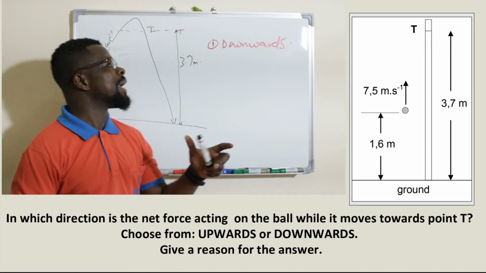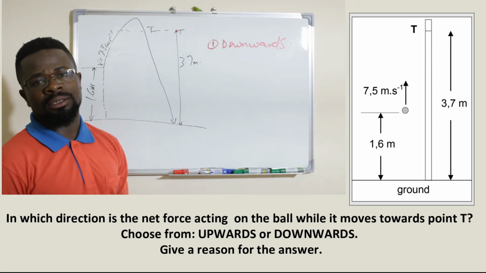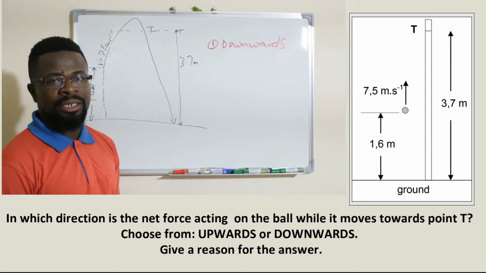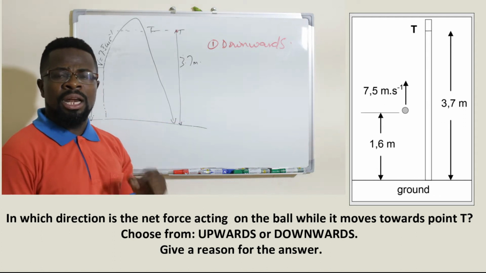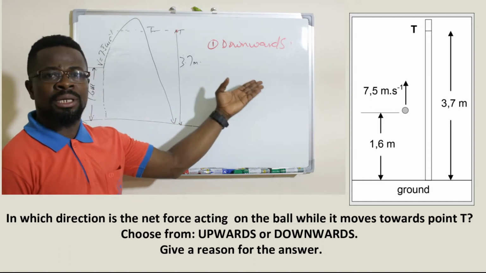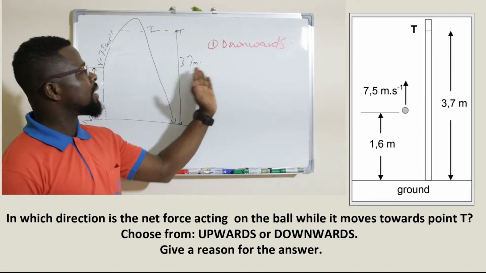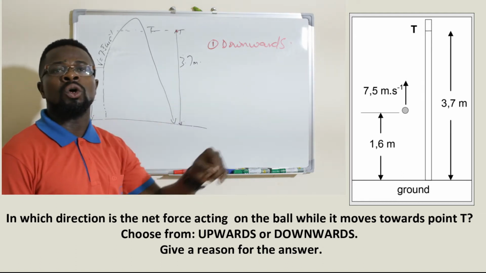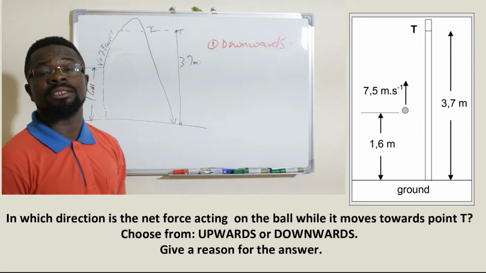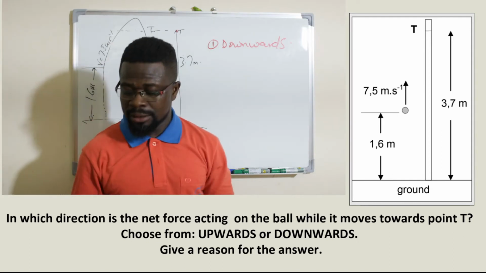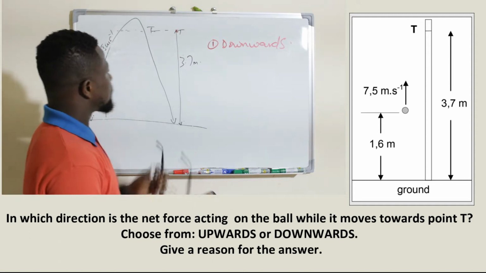So the direction is downwards, and the reason is that the object is undergoing projectile motion, so the only force acting on the object is the force of gravity, which always acts downwards. If we don't want to use the force of gravity, we can call it the weight.